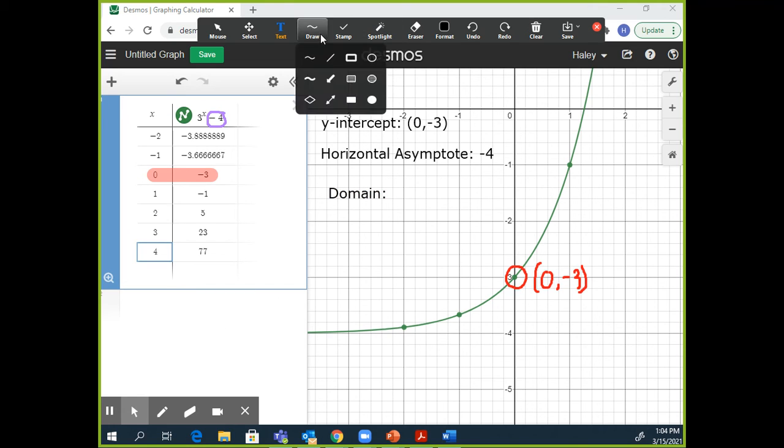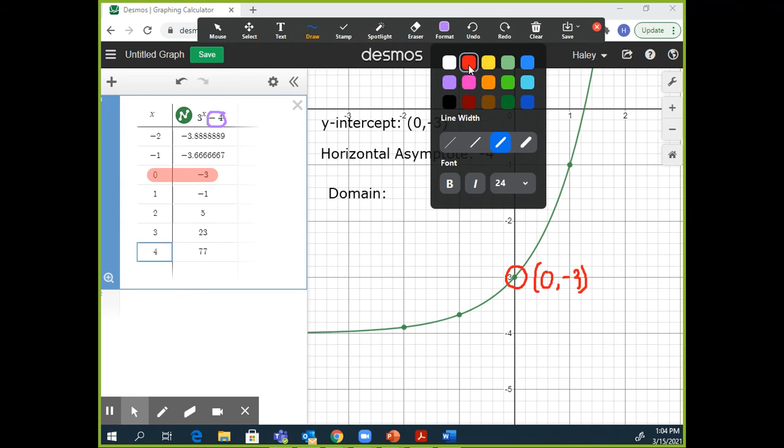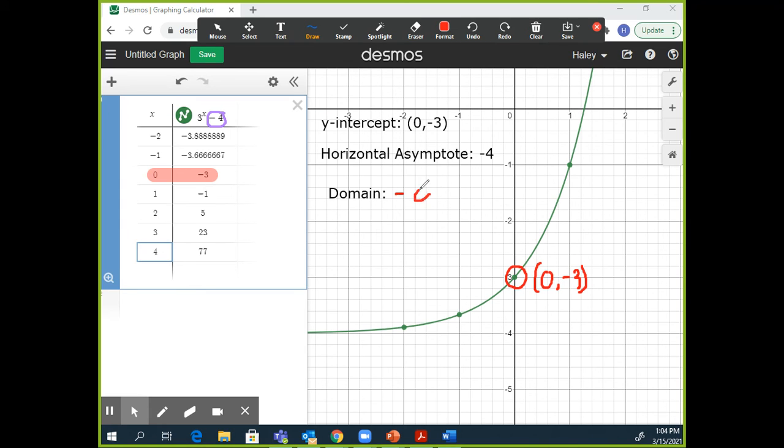So our domain is always just simply going to be negative infinity less than x, since we're dealing with domain, that has to be our x values, less than positive infinity. Okay, because if you zoom out of your graph in Desmos, you're never ever going to see where the x values end. So we just assume it goes from negative infinity to positive infinity.